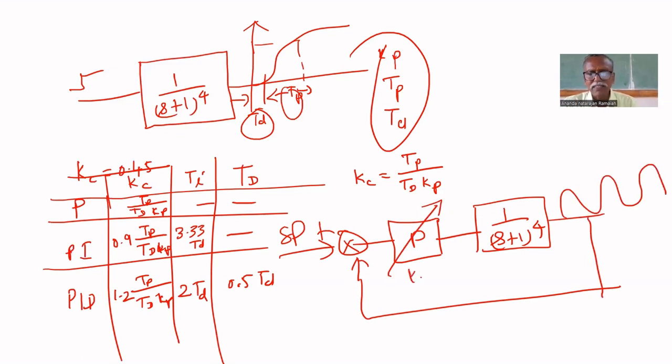Find K max and find Tu. With these 2 parameters you can find the tuning parameters for P, P plus I, and P plus I plus D.